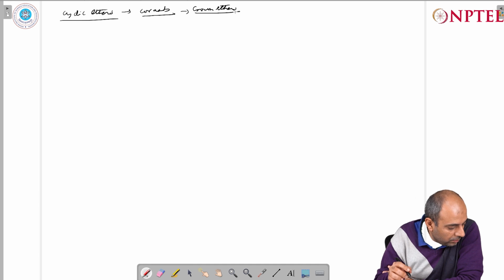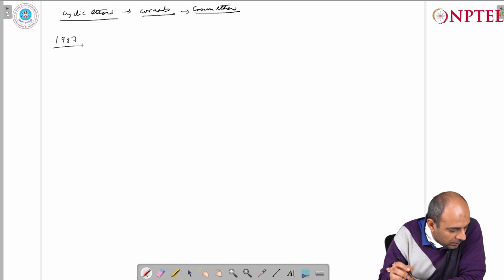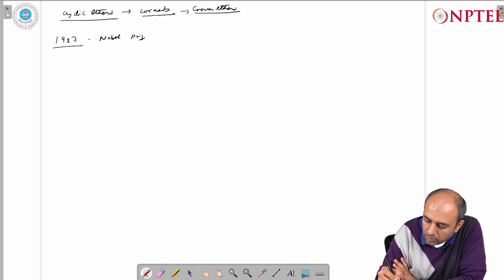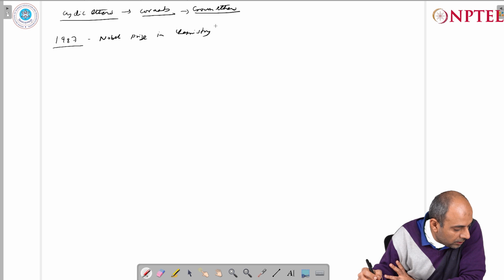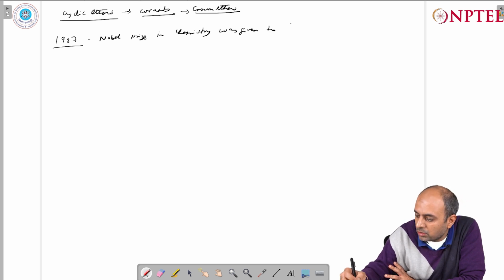Now, the crown ethers are a very interesting class of molecules, and the discovery of crown ethers was done in 1987, for which the Nobel Prize in chemistry was given to Charles Pedersen.